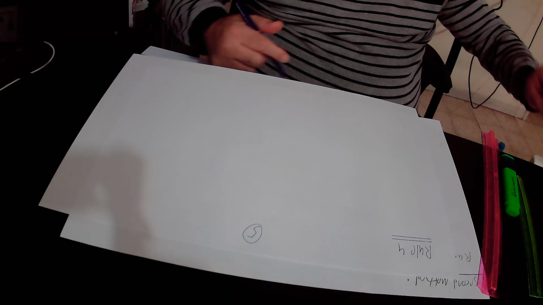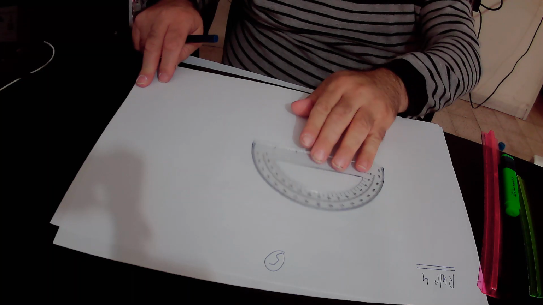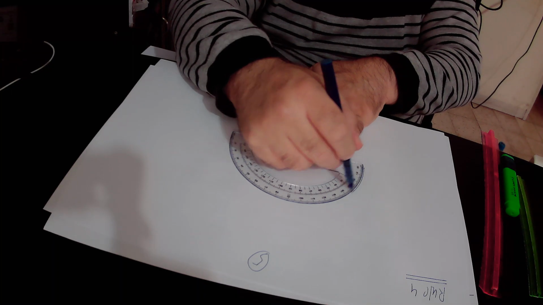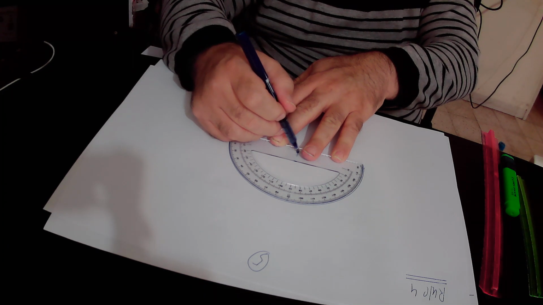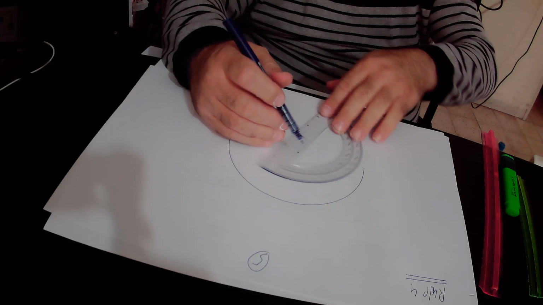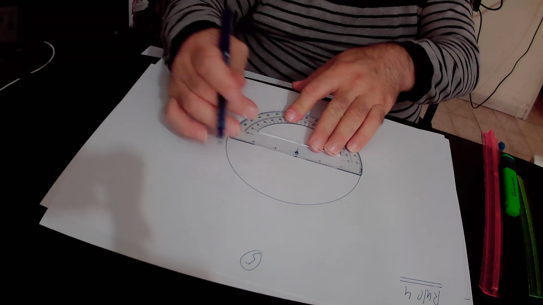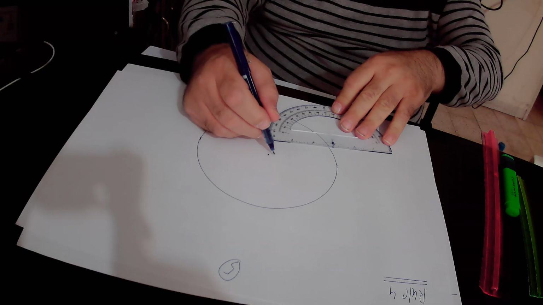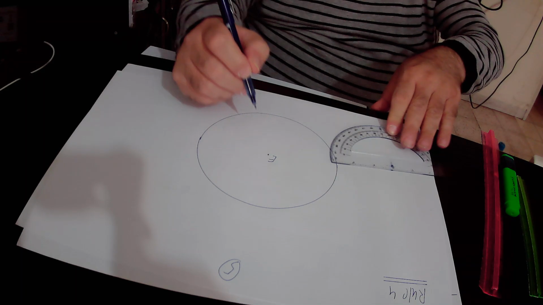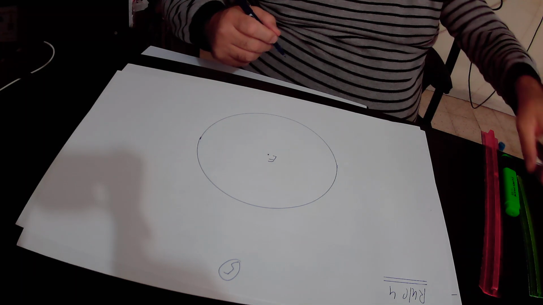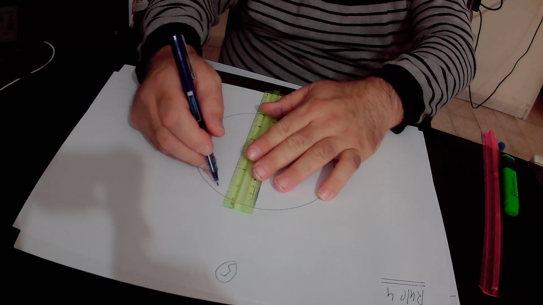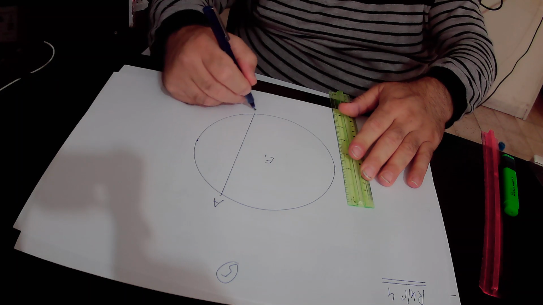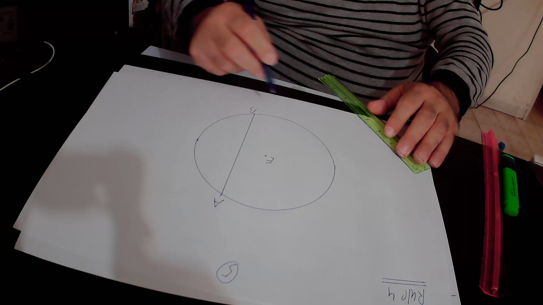So if we have a circle, any circle, and we know that the center of this circle is at point E. And we have here chord AB that is perpendicular to chord CD.